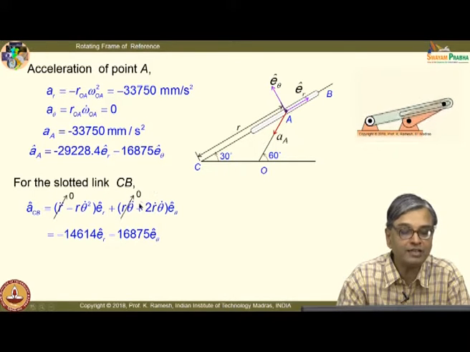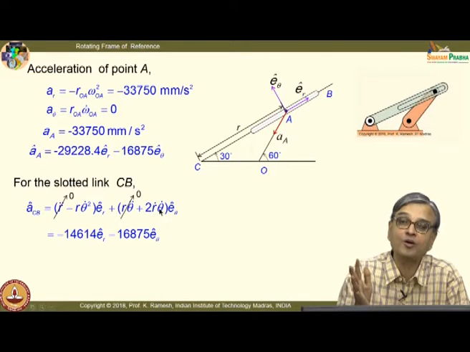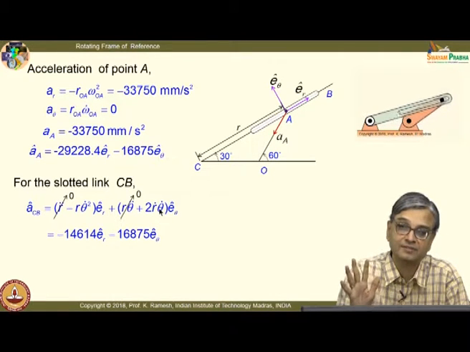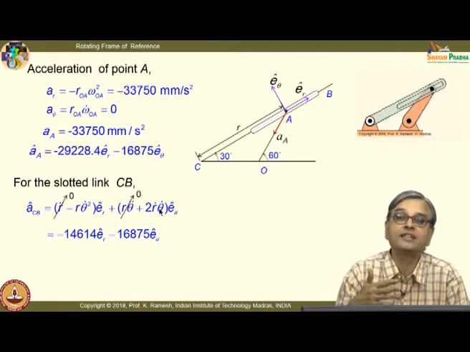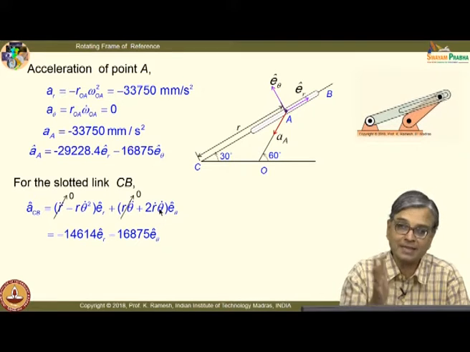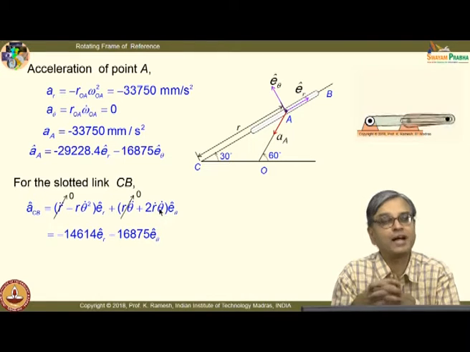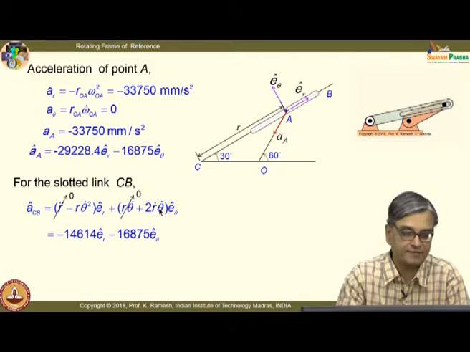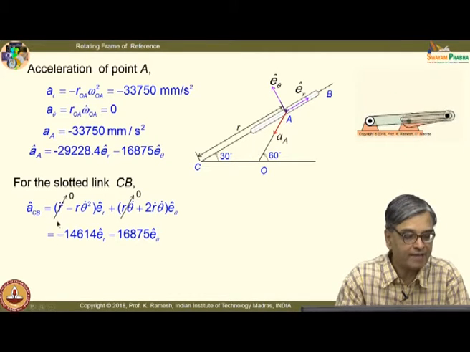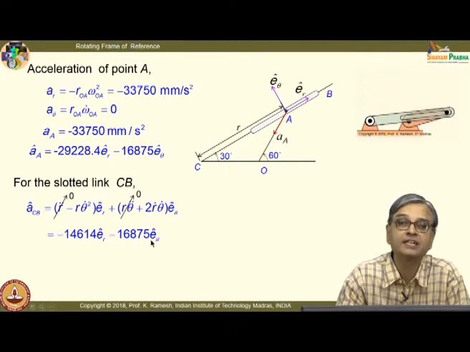So, here again you see I have very similar to your Coriolis component. See, the grudge was a person sitting in the rotating frame does not observe, but mathematically that term was always existing, no problem. If you have your mathematics right, the expressions are flawless. So, I have ACB as minus 14614 E r minus 16875 E theta.